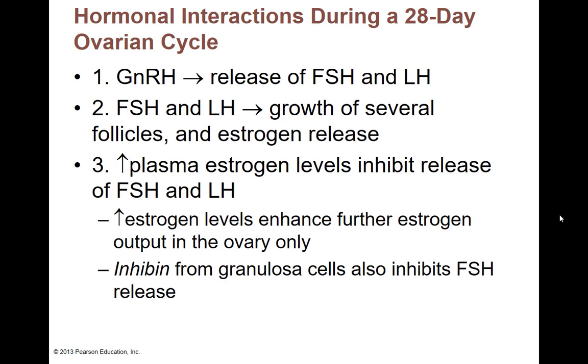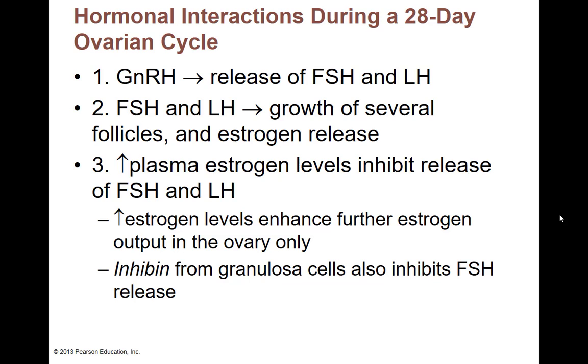However, we still need to have enough estrogen in our ovaries to get everything going. We may not want a lot of estrogen in our blood supply, but we still want estrogen in our ovaries. And so some of this increase of estrogen levels can actually enhance more estrogen, but it will stay in the ovaries only. More colors.